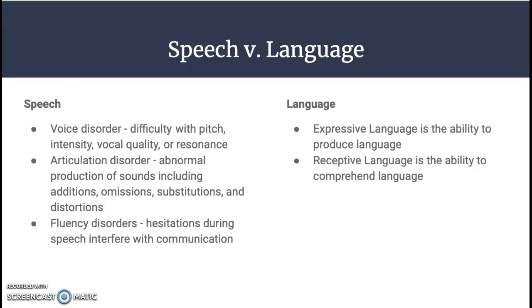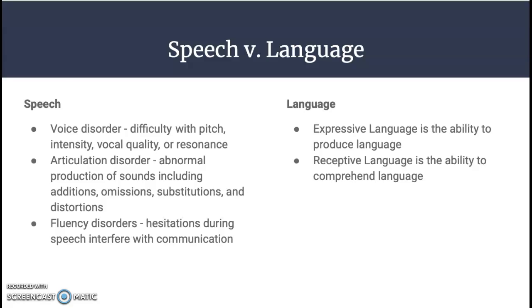There's also substitutions where you will put in the wrong sound, or distortions where it just doesn't sound the way it's supposed to sound. And there's also fluency disorders. Those are hesitations during speech that interfere with communication. The most common form that you would think of would probably be stuttering.